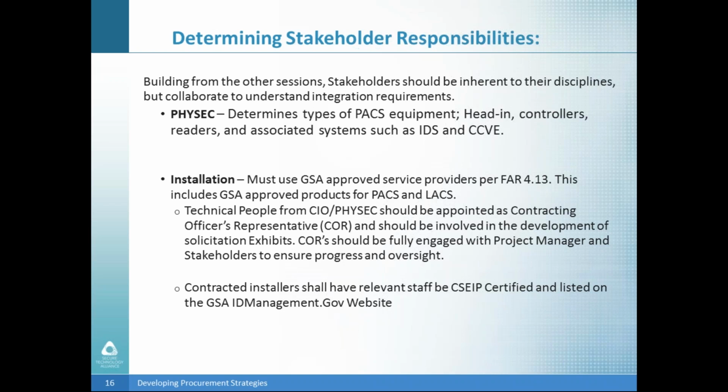Usually you're buying a suite of a product, and then for your installation, you're going to use GSA approved service providers, per FAR 4.13. In addition to those service providers, they should also have the CSCIP certification that goes along with the services they've been approved to conduct.